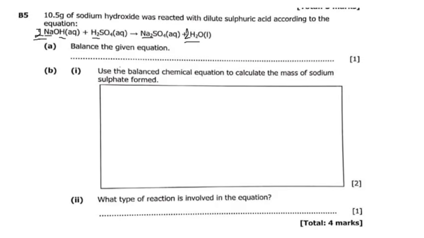Right, let's proceed. Question B, Roman numeral 1. Use the balanced chemical equation to calculate the mass of sodium sulfate. So here they have said we use the balanced chemical equation to calculate the mass of sodium sulfate. Sodium sulfate, this is the salt which is here.